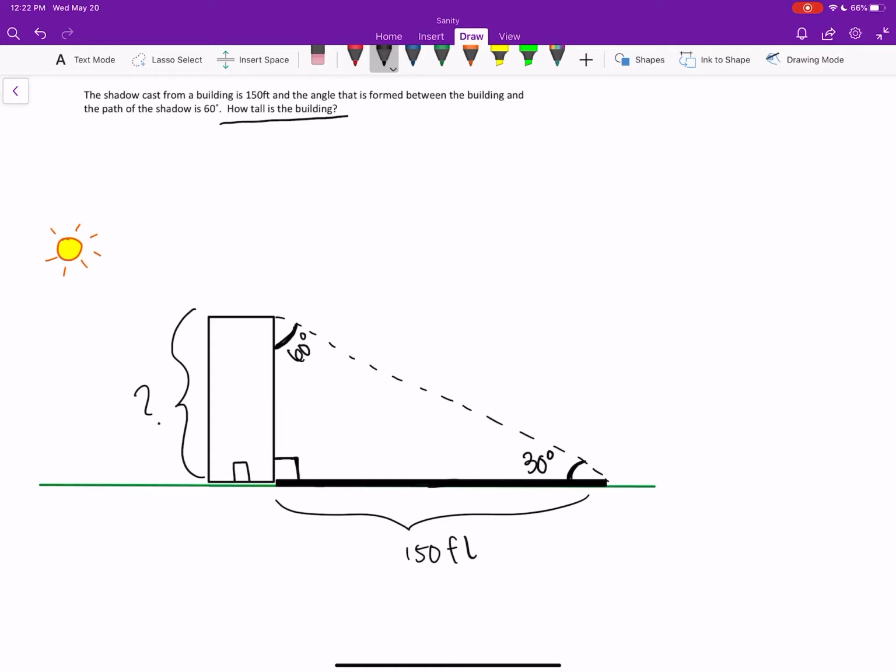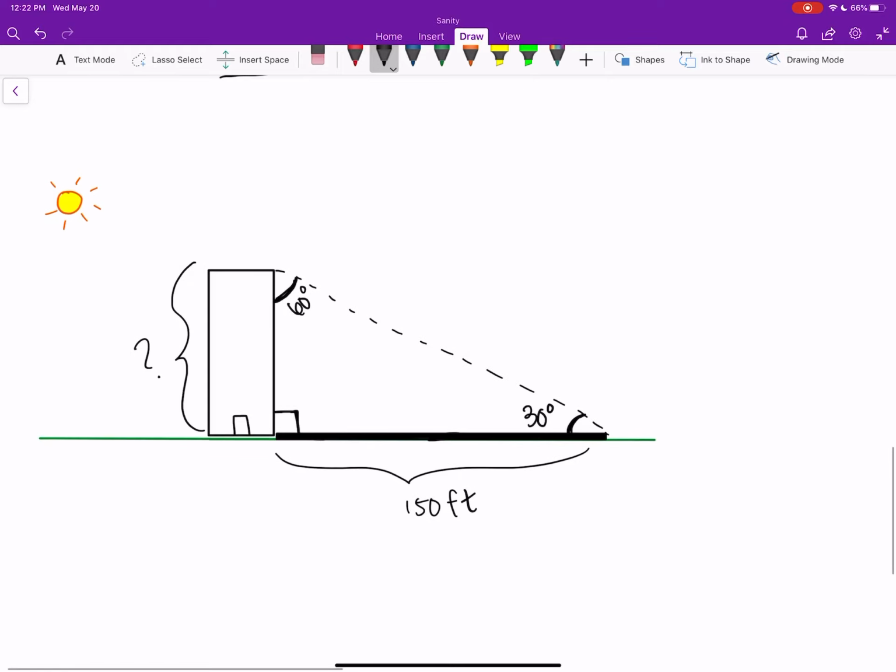So I know the side that is opposite my 60 degrees, and I know that the side opposite my 30 degrees has to be the smallest. So I'm just going to say that this length is x, and I'm trying to solve for x. I know that if I take x and multiply it by the square root of 3, I will get 150 feet, according to this special right triangle ratio.